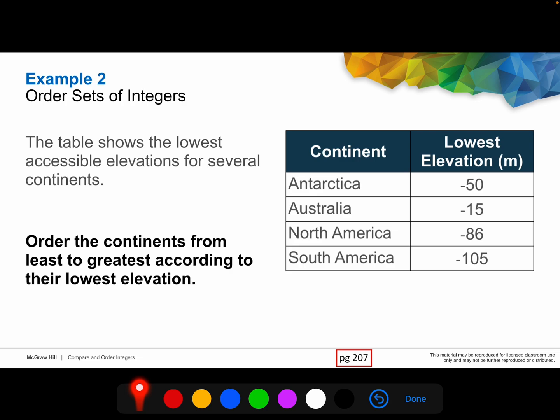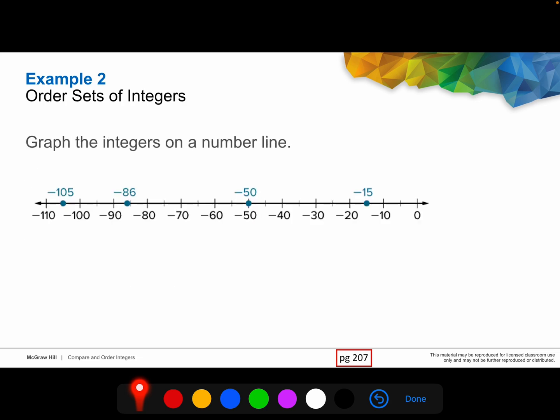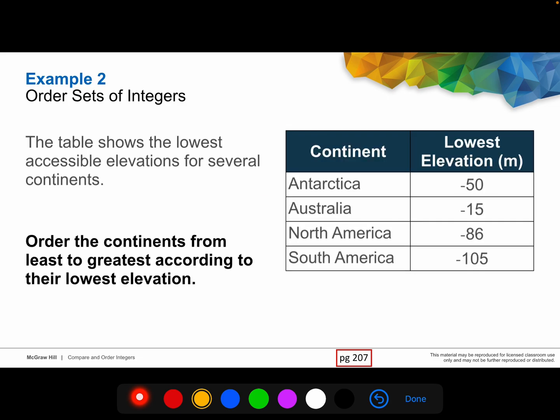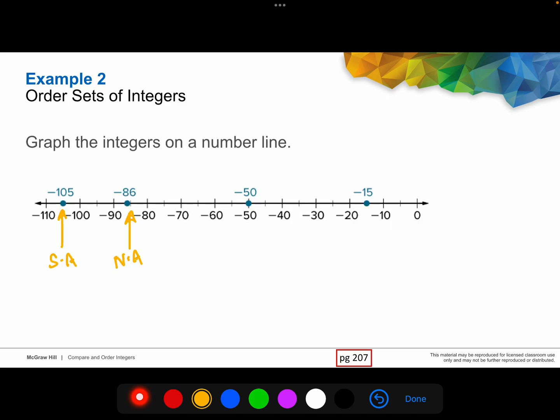And my table here shows negative 105 is South America. So this would be South America. Then we have negative 86, which is North America. Negative 50 is Antarctica. And negative 15 is Australia.